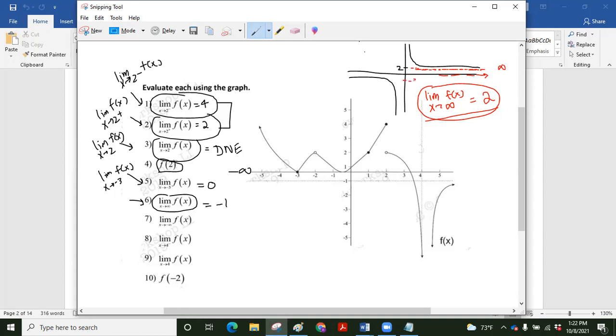And if this were -2 here, we can ask, what is the limit as x approaches negative infinity of f of x? We're looking at negative infinity and going this way, and we see that there is a horizontal asymptote here at -2. So we're approaching this horizontal asymptote at -2.